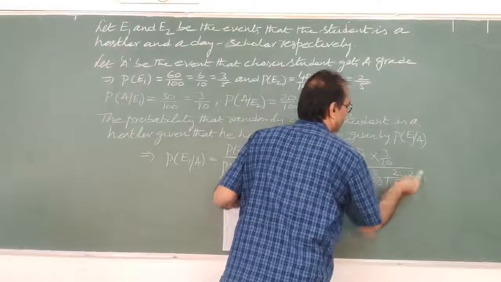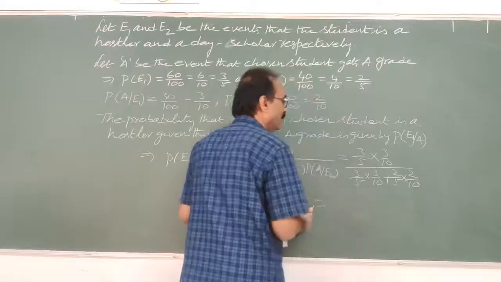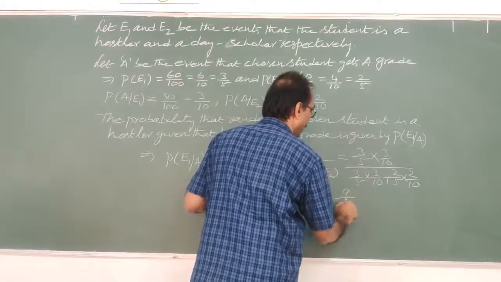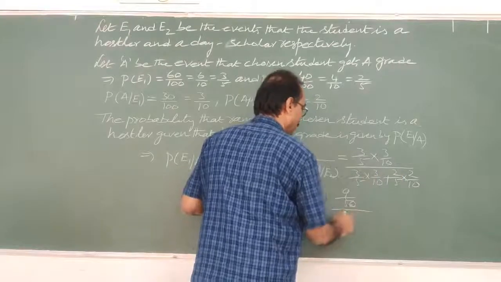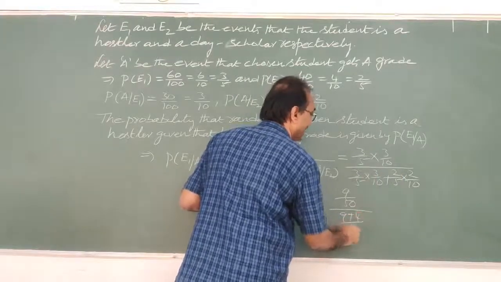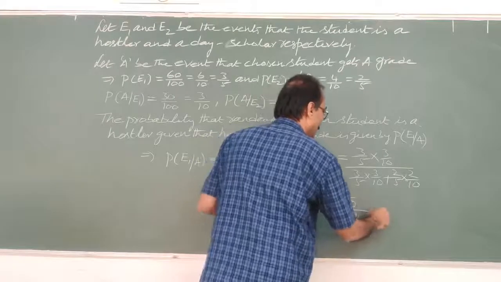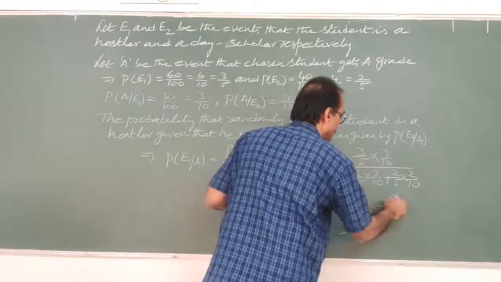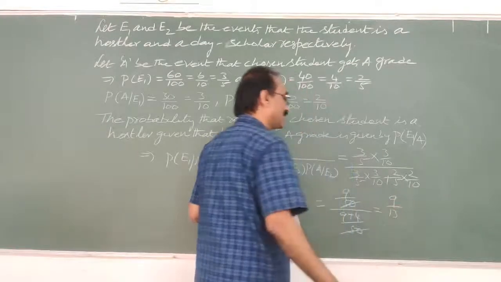Now simplify, everybody knows this, so I need not tell you. So 9 by 50 over 9 by 50 plus 4 by 50, because the LCM is the same. Here 50 cancels, so this is 9 by 9 plus 4, which is 13.